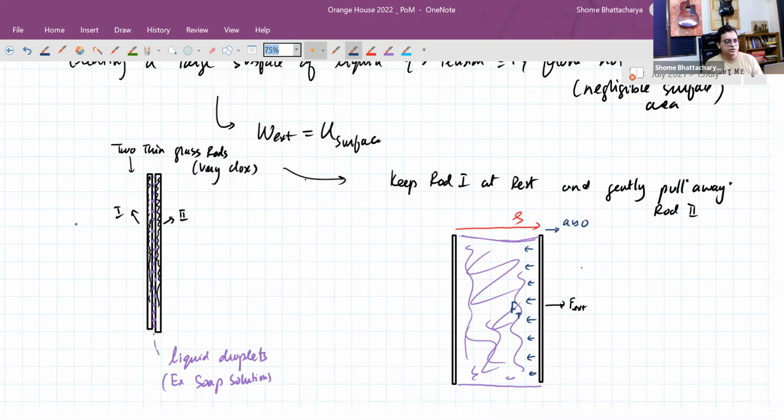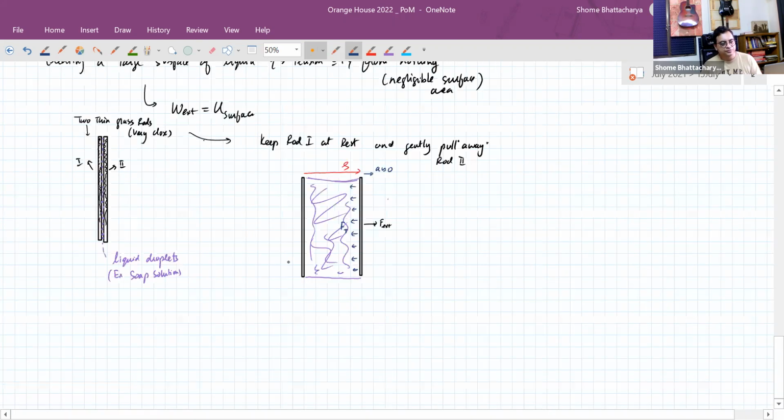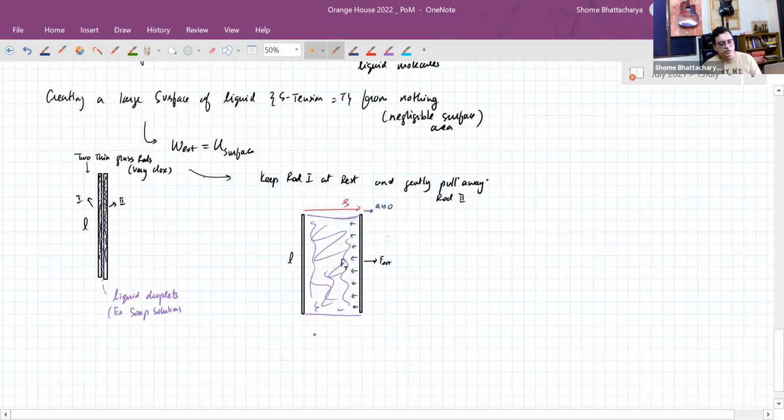So the length of these glass rods is L each. See that now you have a thin film of liquid with total surface area 2 times S into L.